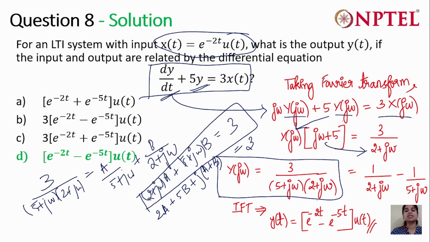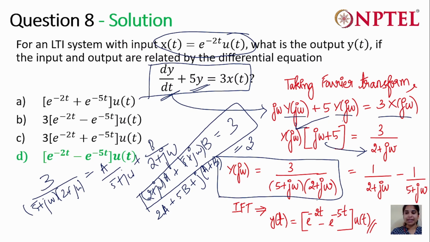So a plus b is equal to 0, so a is equal to minus b directly. So if a is equal to minus b, I will substitute in 2a plus 5b is equal to 3. So directly I can find a and b. I will get a as minus 1 and b as 1.